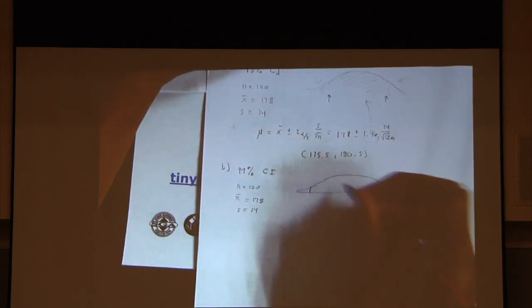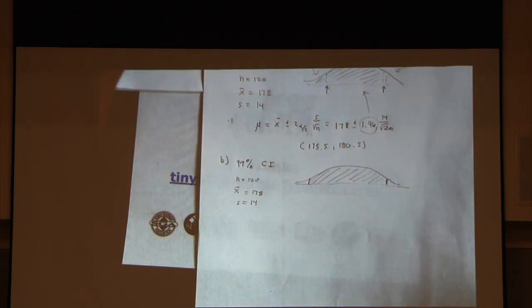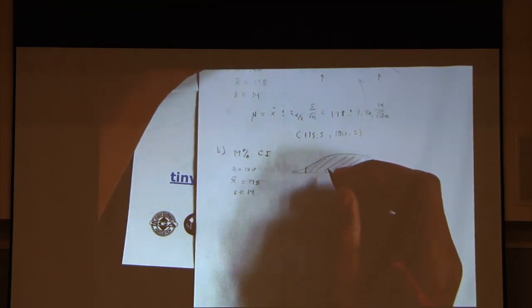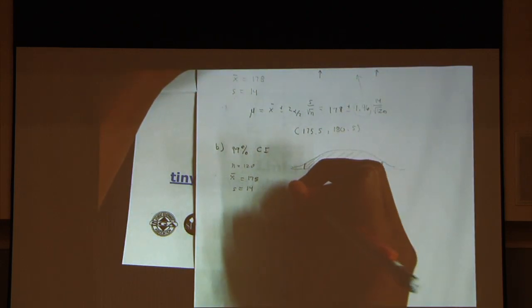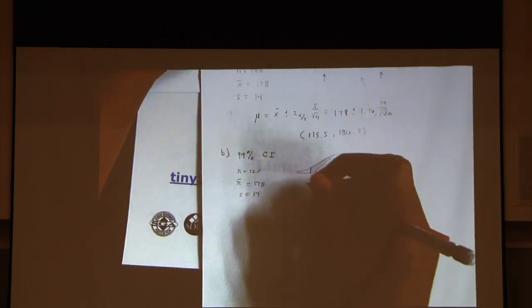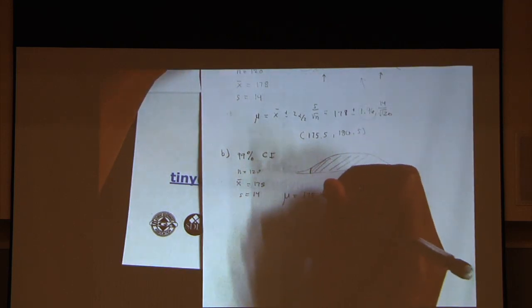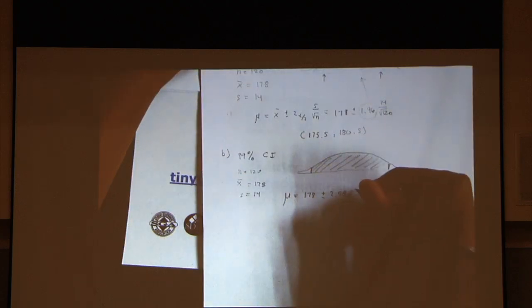So you're going to be more confident about the values that you do end up getting, but that's only because you're letting in more values that might be wrong, right? But with this case, it's going to be 178 plus or minus 2.58 times 114 over the square root of 120.